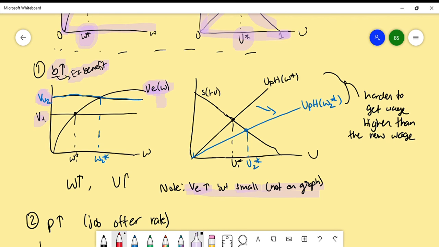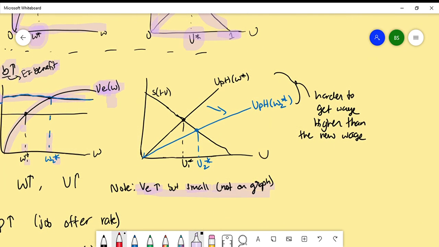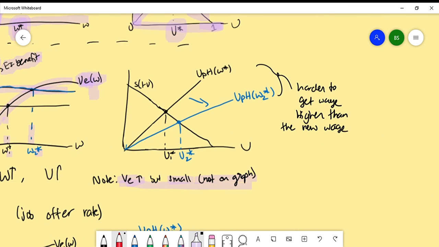So we have a new graph where our reservation wage increases. If our reservation wage increases, I'm going to reject a job offer if it's below my minimum wage, my reservation wage. It's going to make it harder for people to get jobs, because it's harder to get a wage that's higher than that new higher wage.